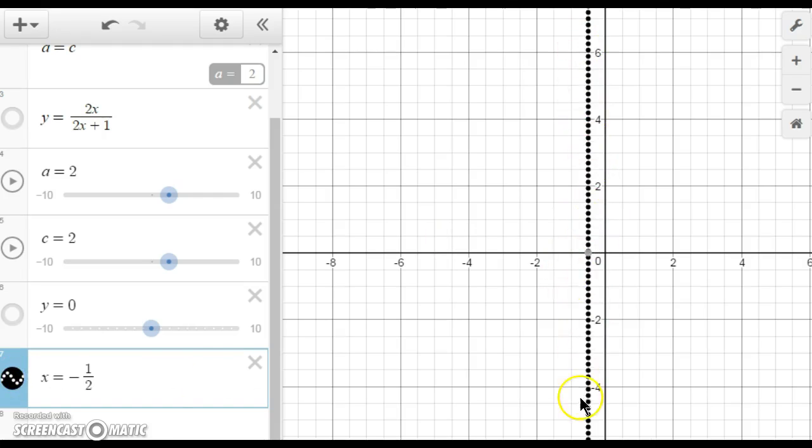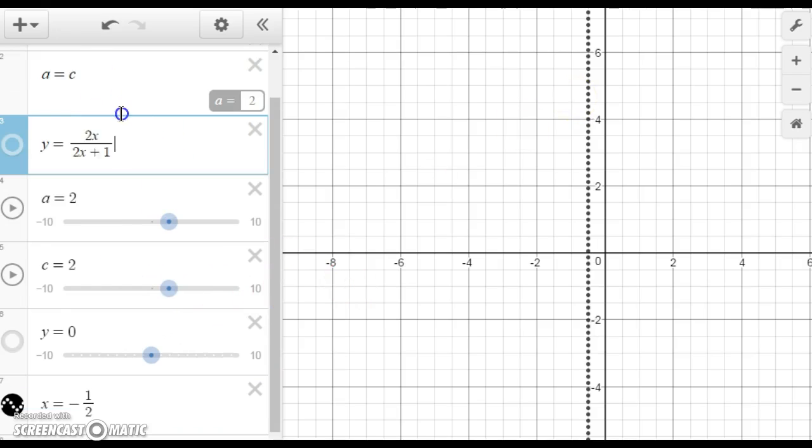So draw this line right here. What about my horizontal asymptote? We have never tried to find the horizontal asymptote where you have some coefficient with the x in the numerator. So for now, let's just take a look at the graph.